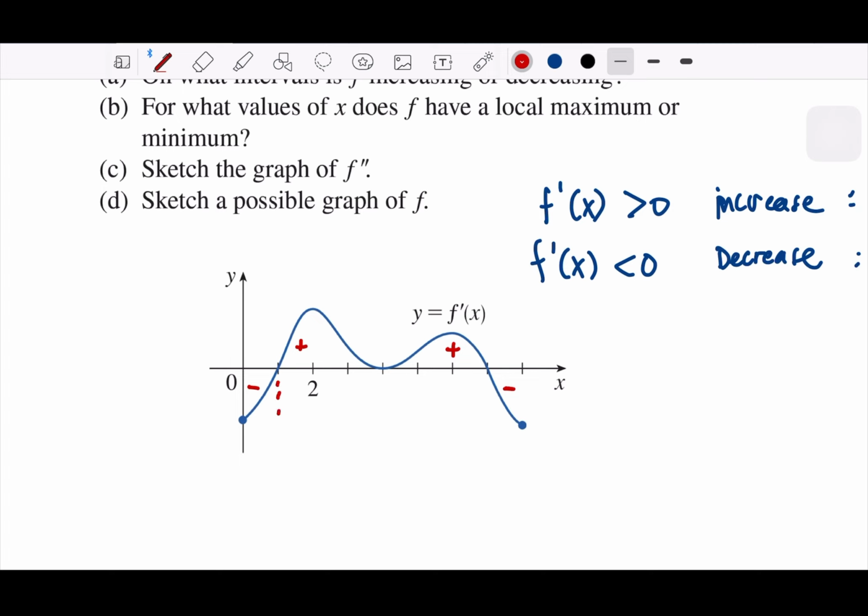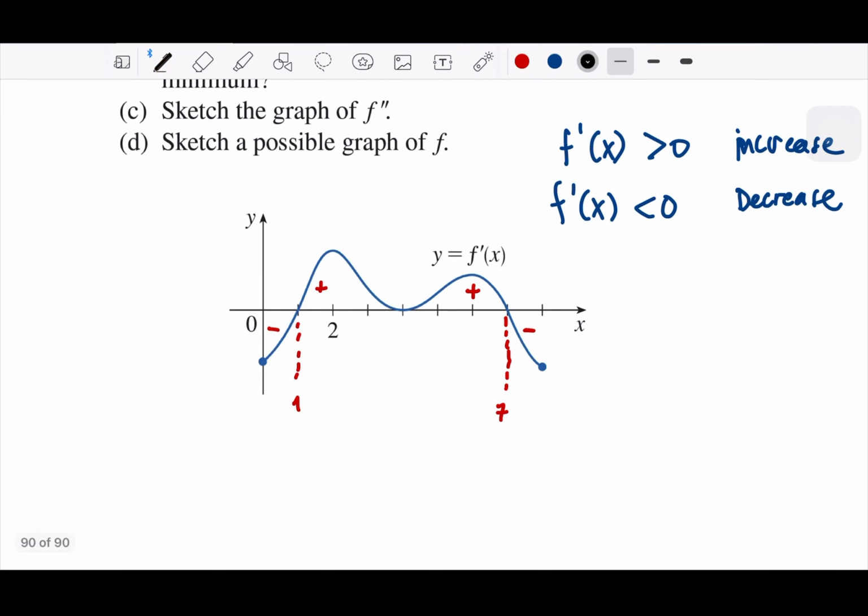So we will have at 1 and at 7. At 1 it's going to be like this, at 7 it's going to be like this. So local max is x equals 7, and local min is when x equals 1.